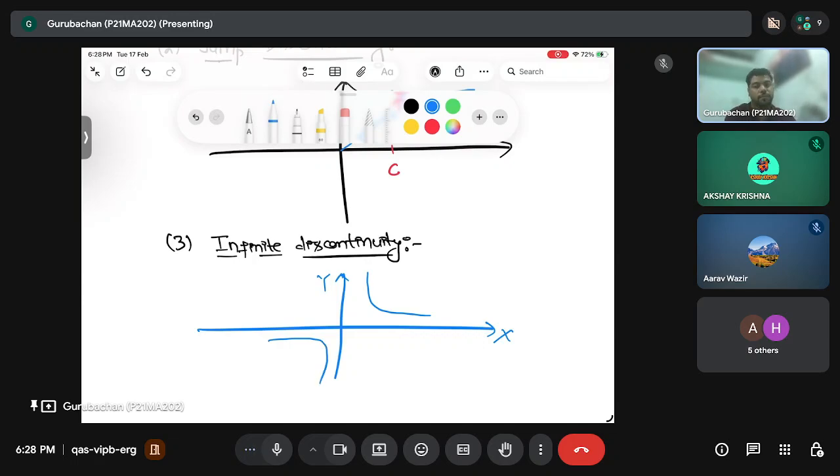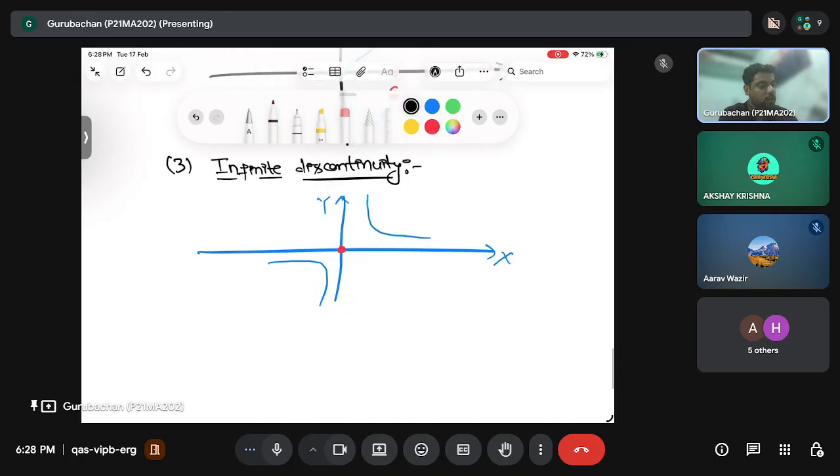Is it clear? At 0 it is a kind of infinite discontinuity. I hope I am audible to everybody. Yes, sir. Okay.